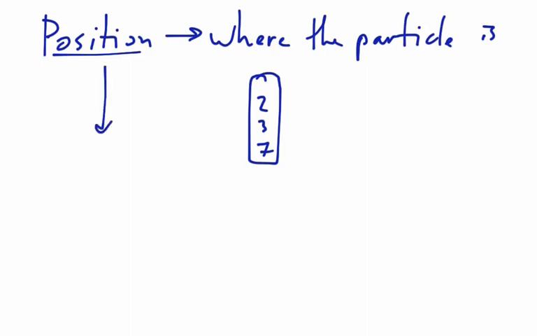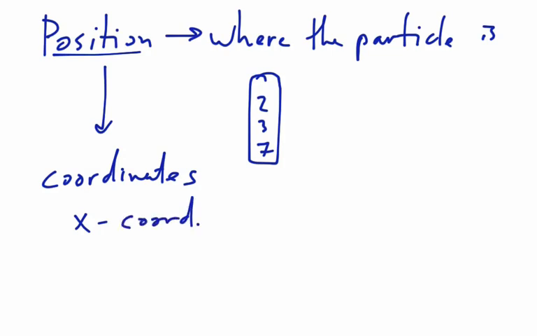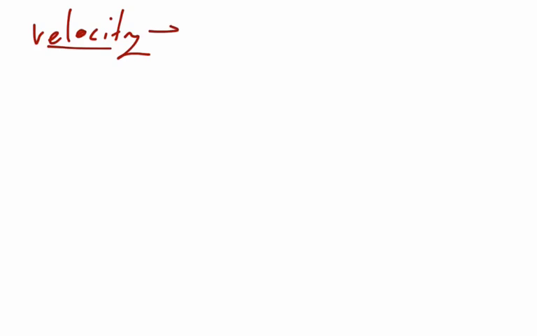In math and calculus, usually your position is directly related to your coordinates. And in this case, because we're only talking about position along the x-axis, it's really your x coordinate on the x-axis. You've probably heard of velocity. Velocity is how fast your position changes.